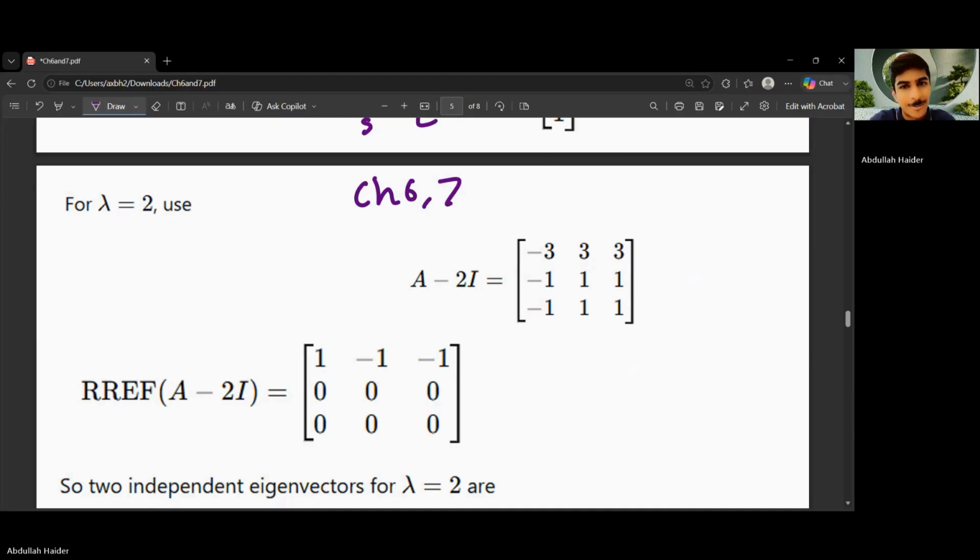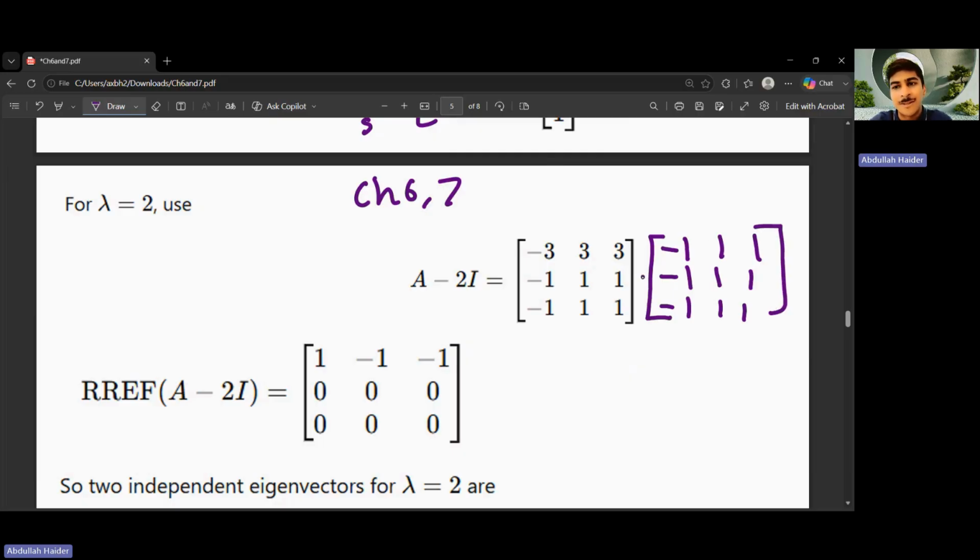So if I divide the first row by 3, I will get minus 1, 1, 1, minus 1, 1, 1, minus 1, 1, 1. So using the row operations, I can literally get all zeros in these two rows.